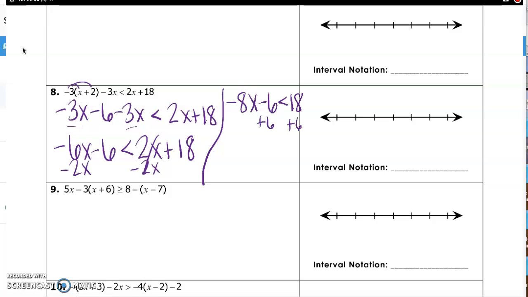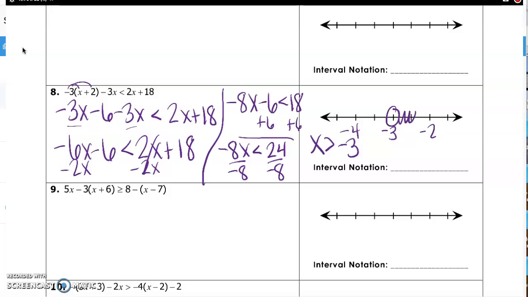Add 6 to both sides. Negative 8x is less than 24. Divide by negative 8. Flip the sign. X is greater than negative 3. So negative 3, negative 2, negative 4. Open circle at negative 3 and shade to the right. That means we start with negative 3 with a parenthesis because it's open, comma, goes up to positive infinity, also with a parenthesis.